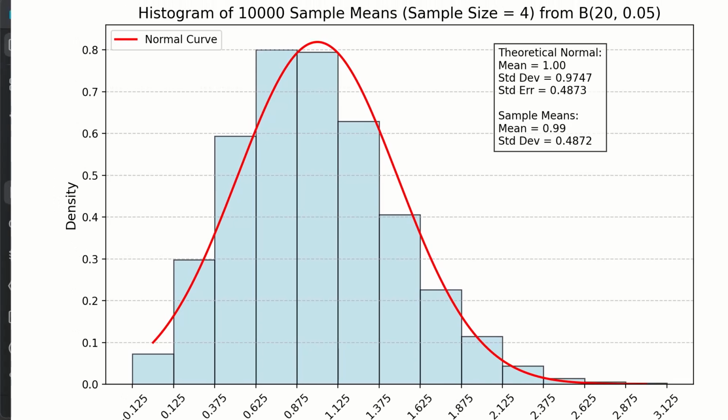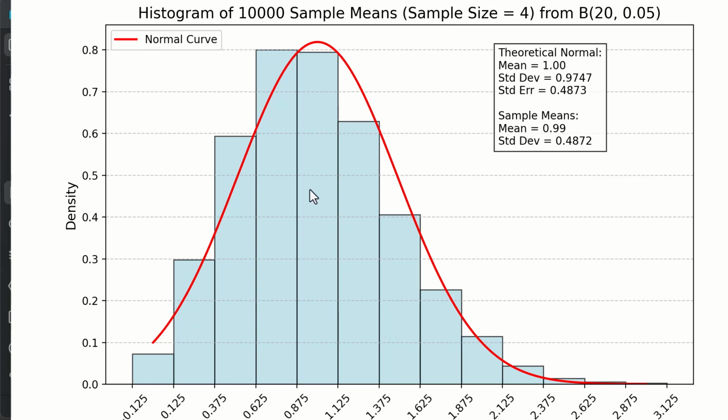What you should be able to see on this histogram is that it has a slight positive skew. Now, we would expect that. Remember, we're dealing with a binomial 20, 0.05. It's very skewed and the theoretical mean is 1.